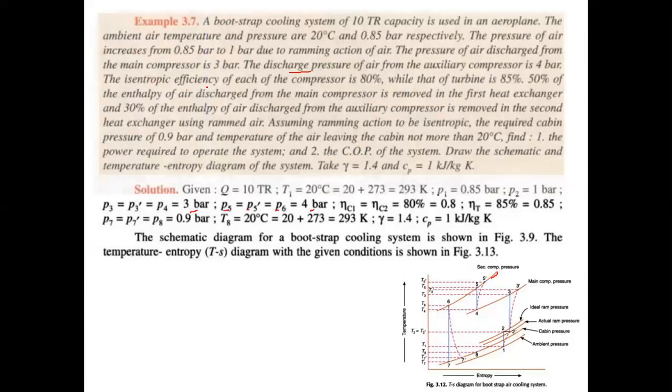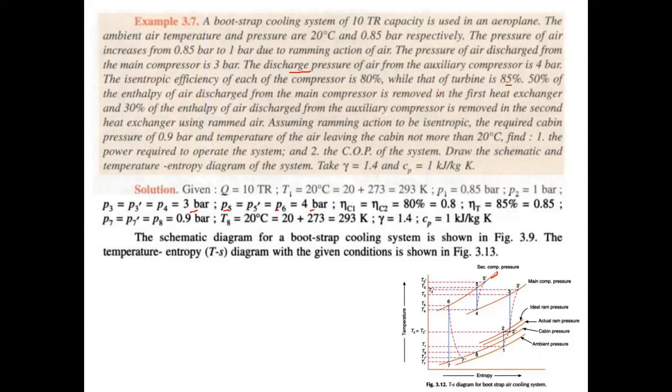Then the isentropic efficiency of the compressor is 80%, while that of the turbine is 85%. 50% of the enthalpy of air discharged from the main compressor is removed in the first heat exchanger, and 30% of the enthalpy of air discharged from the auxiliary compressor is removed in the second heat exchanger using rammed air.